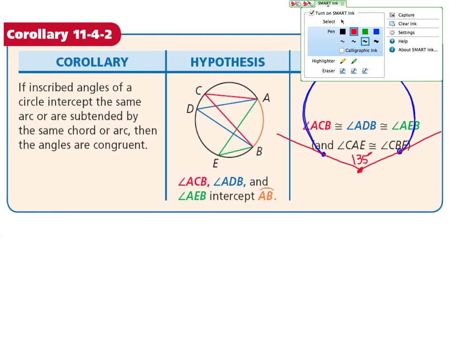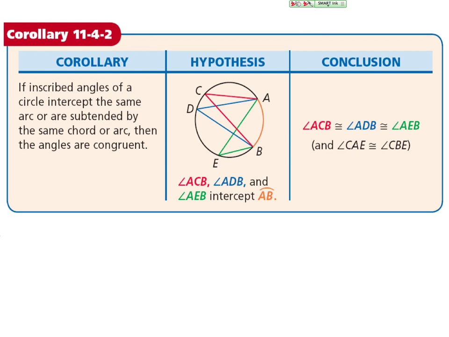That's the next type. Now there are some theorems that build on that. So this is one that's called a corollary. Remember what a corollary was? There were theorems, there were corollaries, there were postulates.